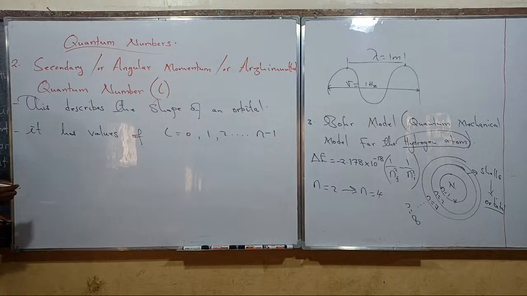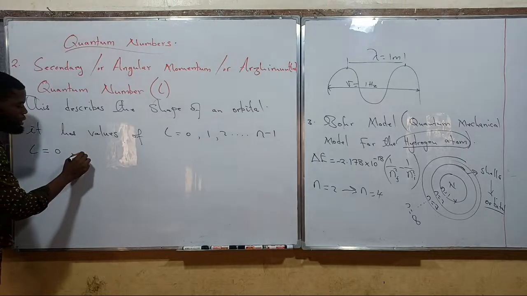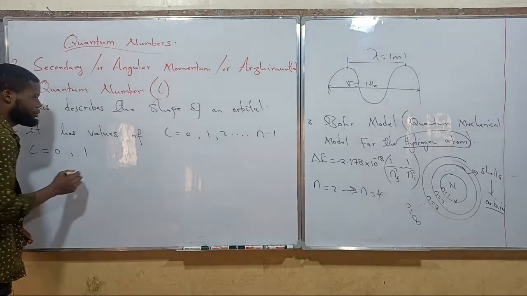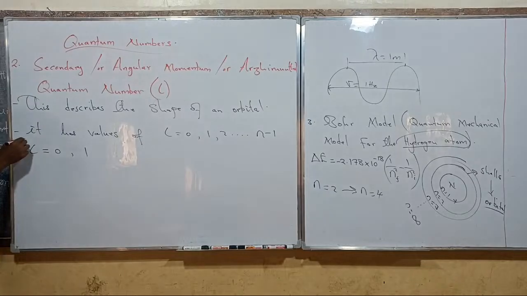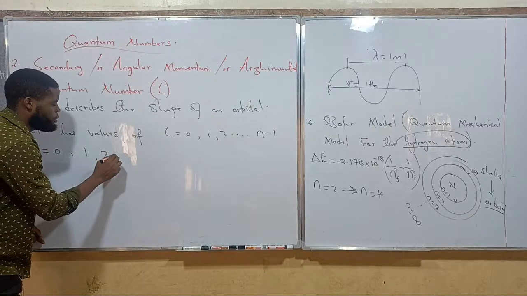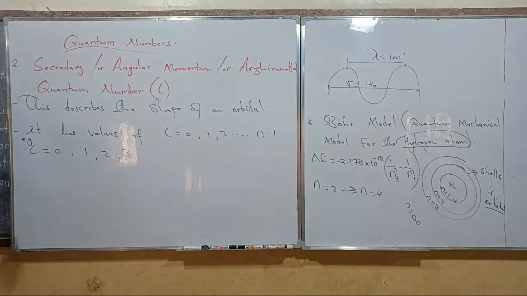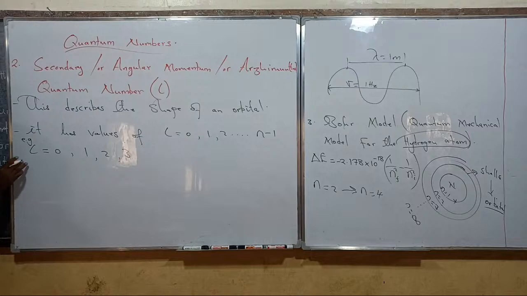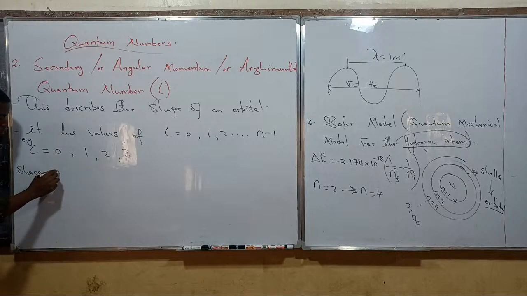For example, if L has values of 0, 1, 2, maybe up to 3: if L equals 0, the shape represented is s.